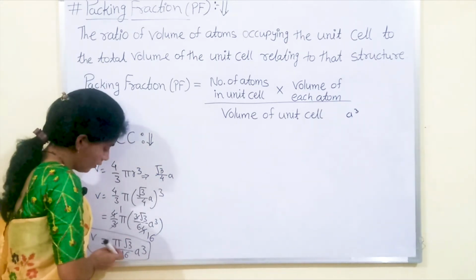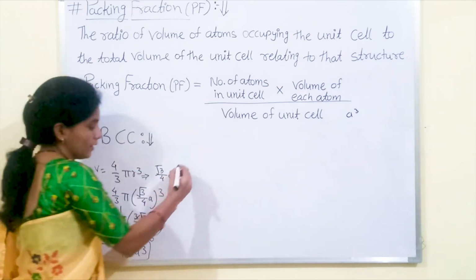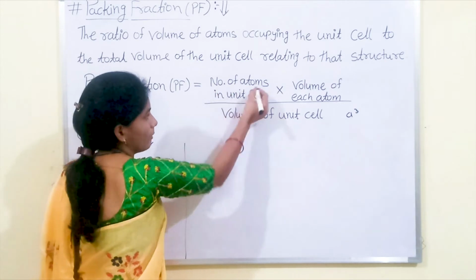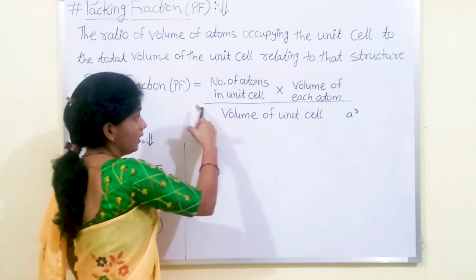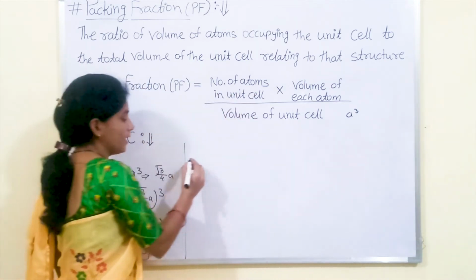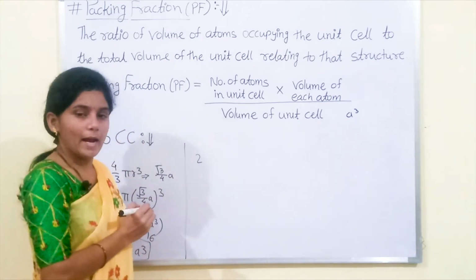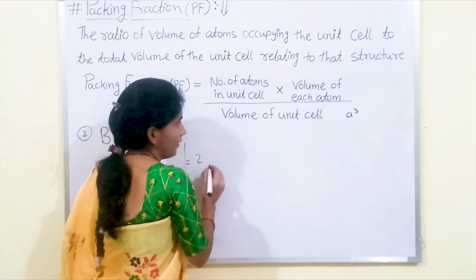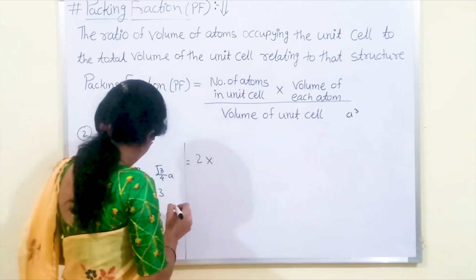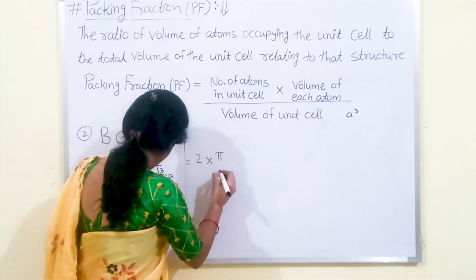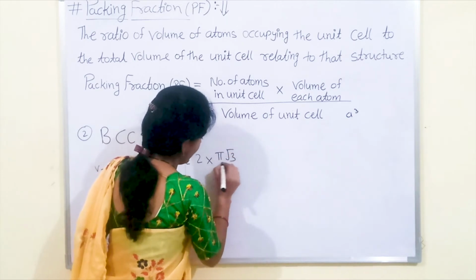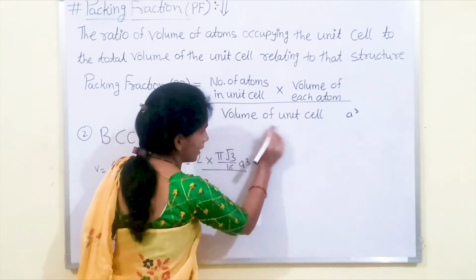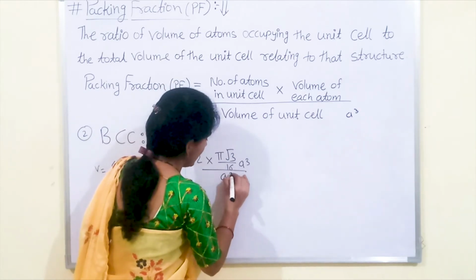We know the number of atoms per unit cell for BCC is 2. So PF is equal to 2 into pi root 3 a cube divided by 16, whole divided by the volume of the unit cell, a cube.